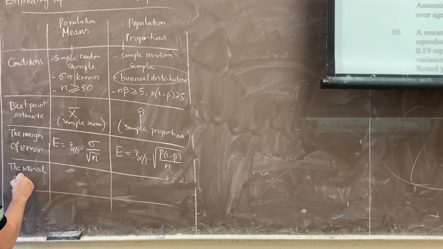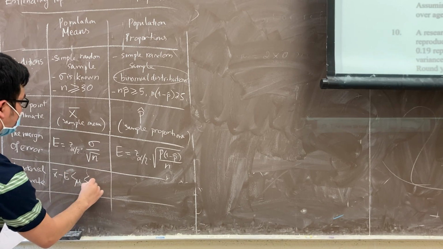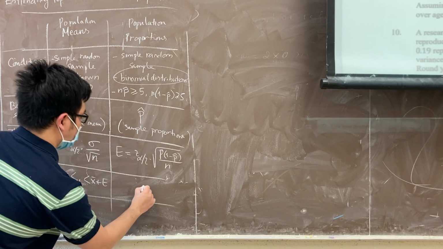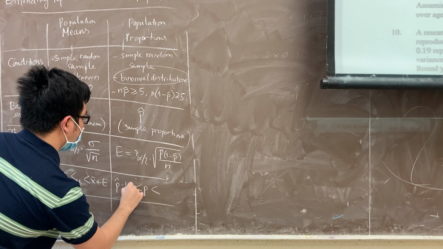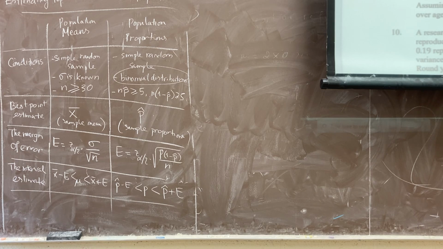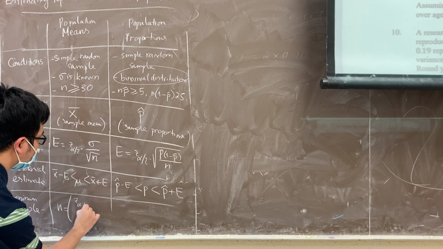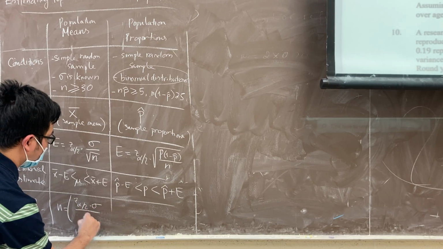And the final one is the interval estimate. The interval estimate is x bar minus E less than mu less than x bar plus E. Similarly, p hat minus E less than p less than p hat plus E. One more thing we need to remember is the minimum sample size. For the mean, n is calculated by this formula: z alpha over 2 times sigma over E, squared.